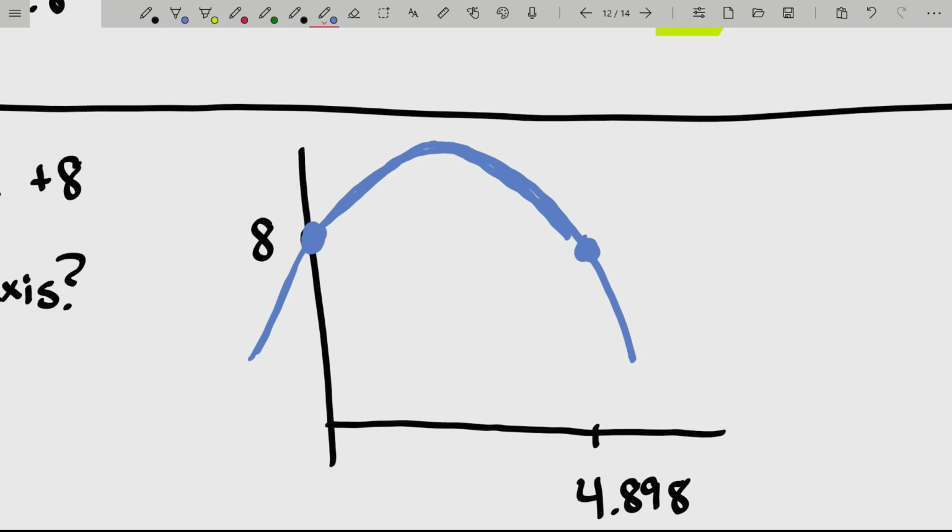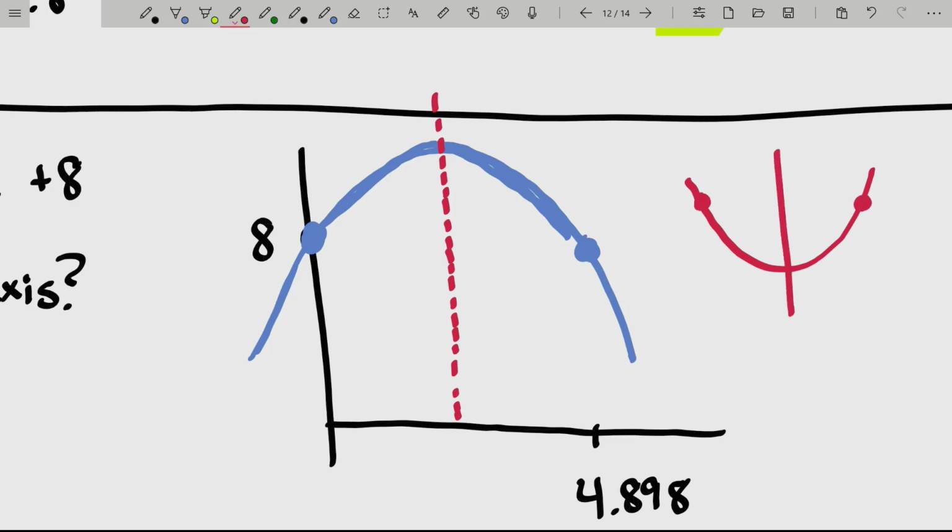And if these 2 points are symmetrically placed at a height of 8, halfway between is the vertex. That should be natural. If you have a hanging chain like this and you know where these 2 points are, halfway between them is where the vertex will be.